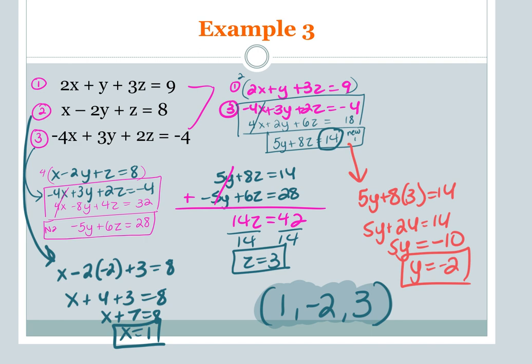I would say most of these are whole numbers, but there can be fractions. Don't freak out, but they won't be like 175 over 2. It's not going to be like that.